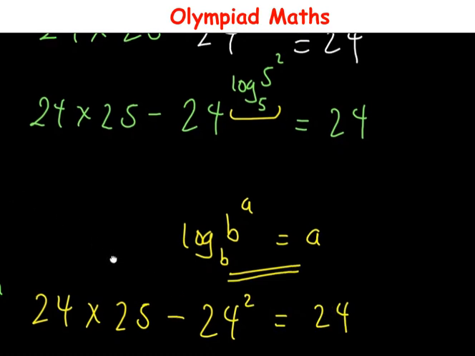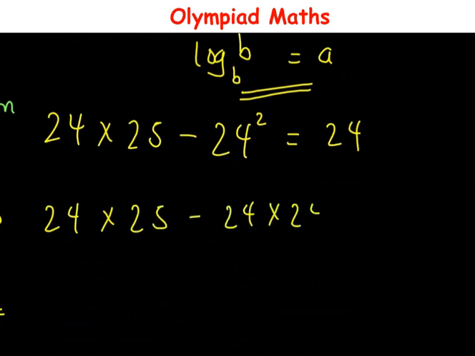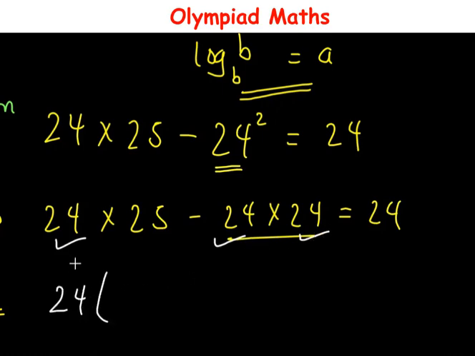And from here, what we have is this. We have 24 times 24 minus 24 times 24 equals to 24, because this can be written as this. So with this, from here, we have a common factor, which is 24, 24, and 24. So factorize out 24, 24 into bracket, divide 24 times 25 by 24.